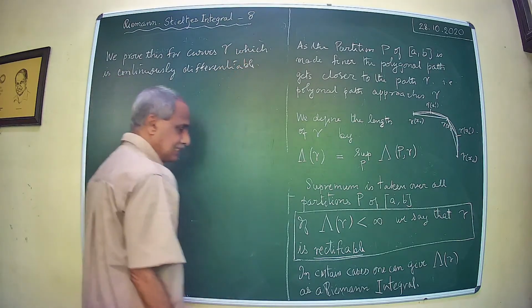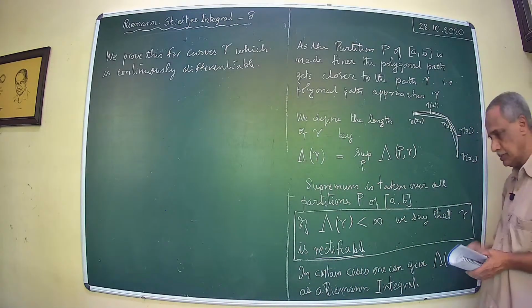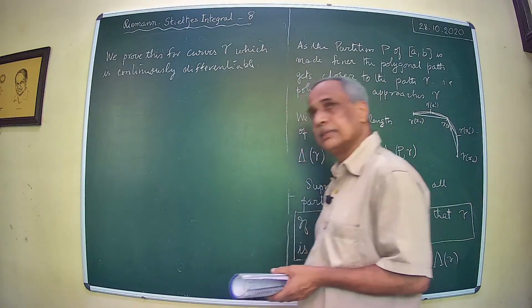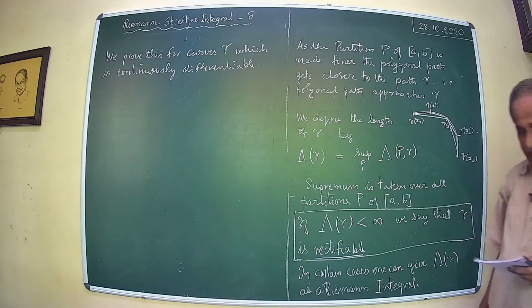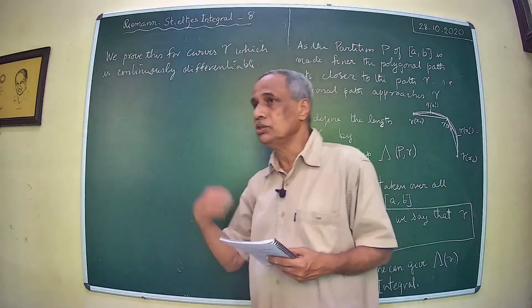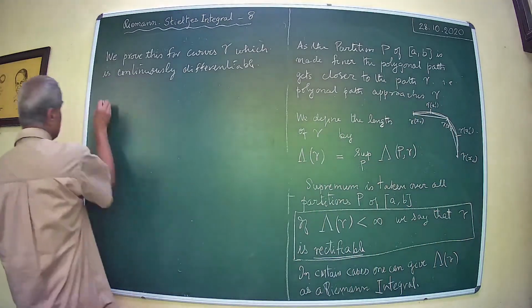So what it says is that if gamma is continuously differentiable on the interval A to B, then it gives you a rectifiable curve. And in that case, lambda gamma can be computed using Riemann integration. So let us write it here.